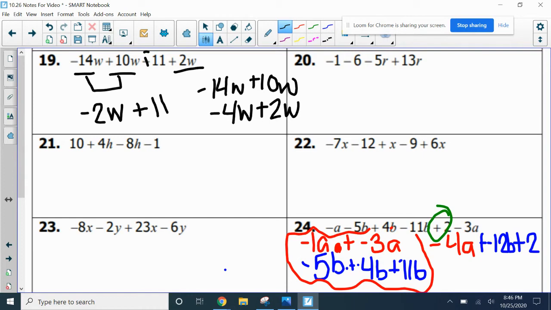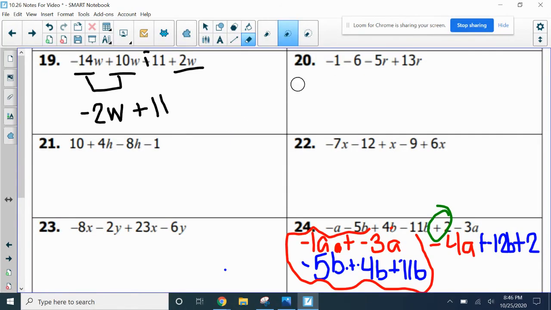It's like if I owed you $4, but then I give you 2, I still owe you $2. So pay attention to those integer rules. I'm assuming if you got it wrong, that's what you did. If that's not what you did, circle it, bring it to our small group, and we'll figure out what you did so we can fix any issues.